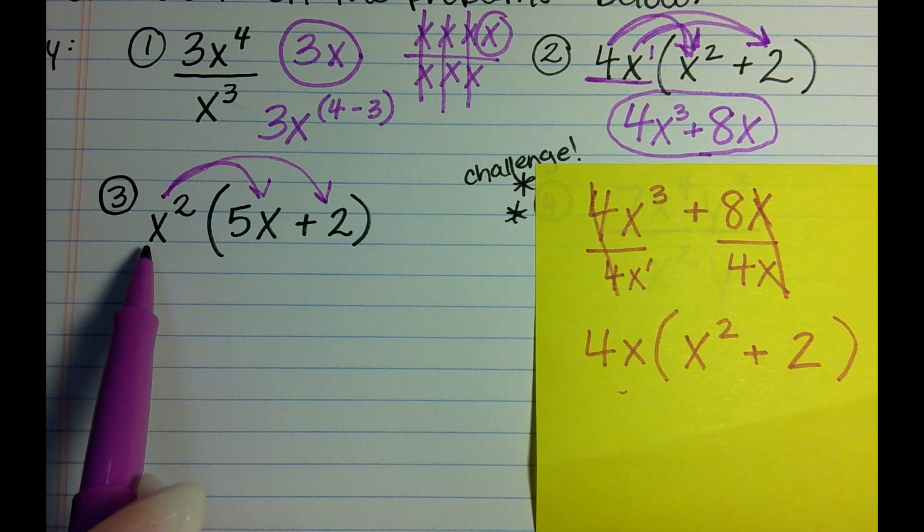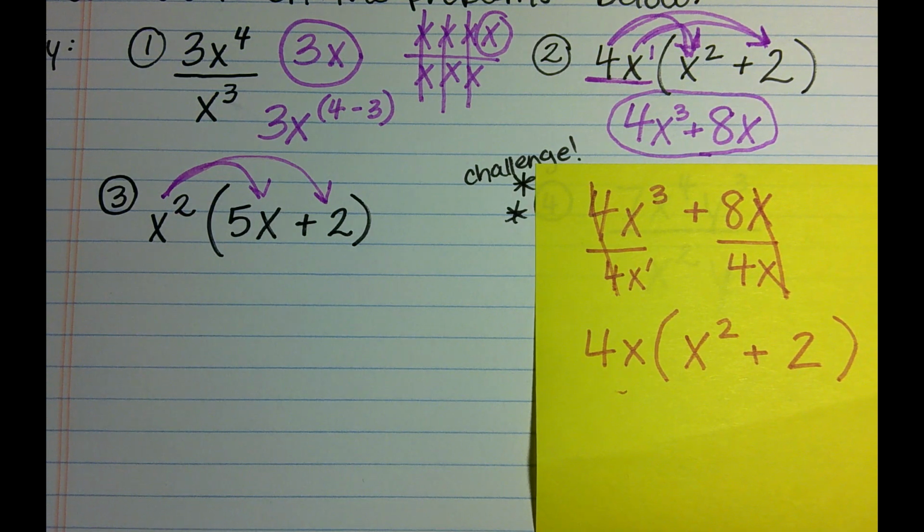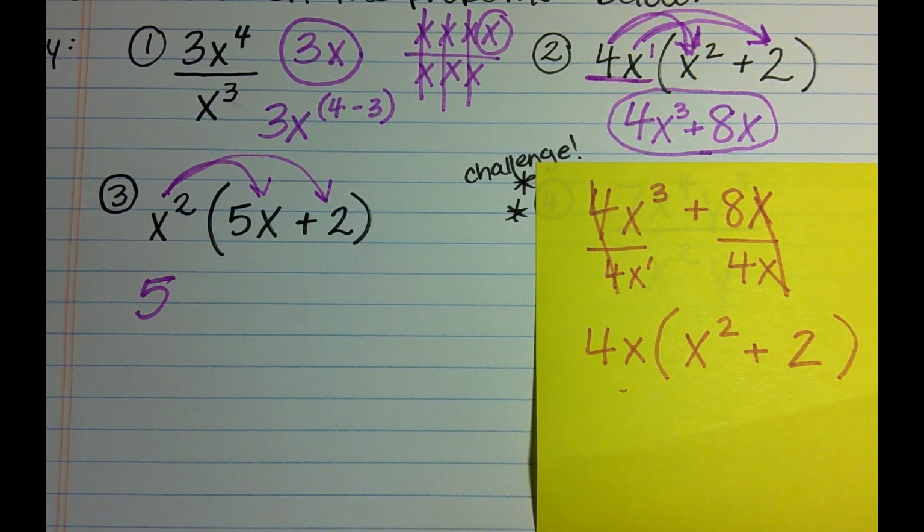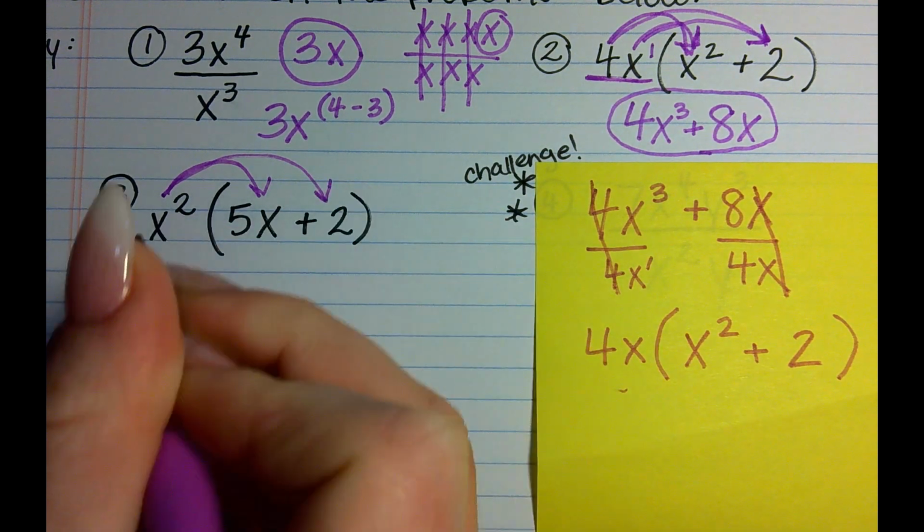So what is x squared times 5x? 5x to the third power. Good.